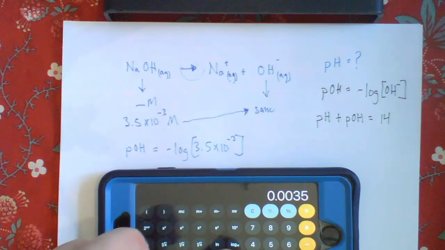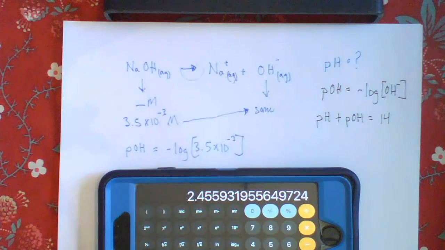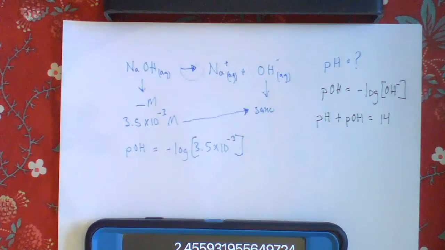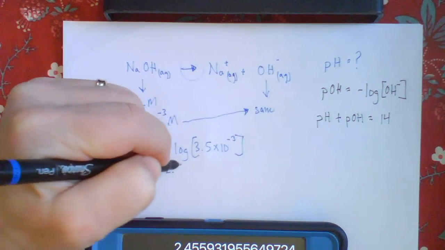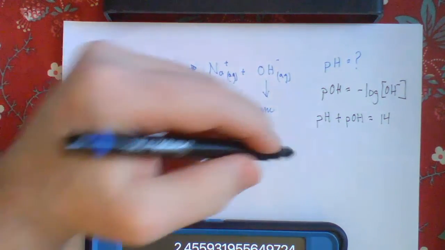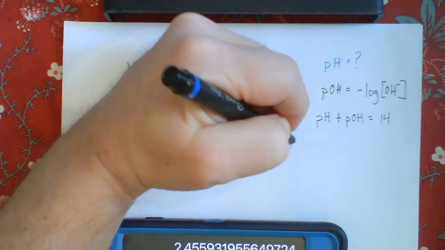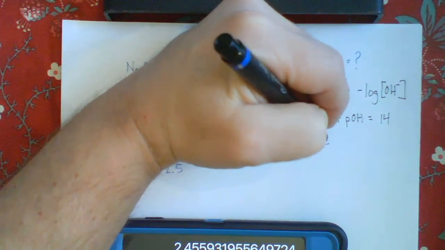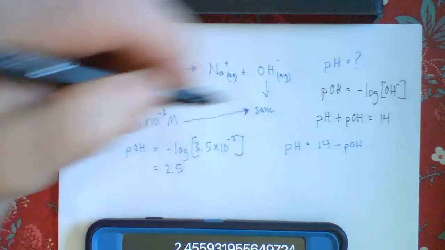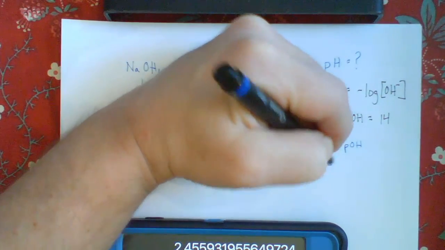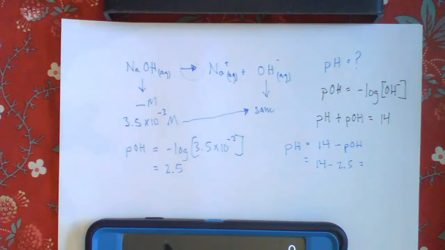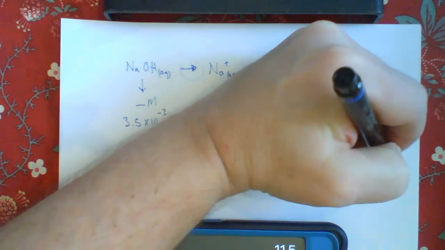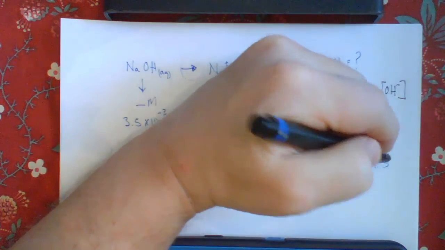We're going to do a log of this, and we're going to use the negative. So this came out to be a pOH of 2.5. Now, to find our pH, pH is just equal to 14 minus the pOH. So if I take my 14 minus my 2.5, that'll give us 11.5, and that gives us a pH in the range of what we'd expect for a base.